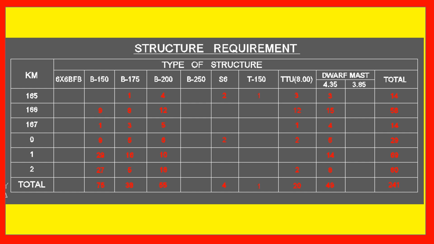Its length has been given as 4.35 and 3.85. Two types of anchor mast are there, and whichever type you use in your design, you have to put it in a table so that at a glance you can estimate your material.